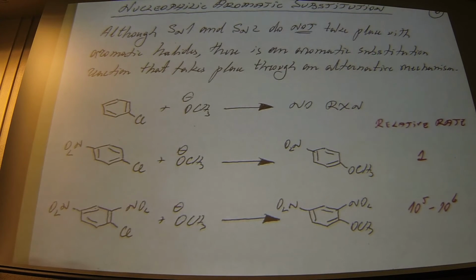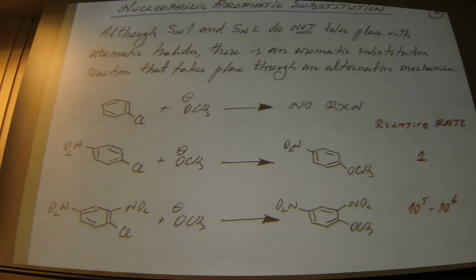Now what do we know about the nitro group? We know that it is destabilizing for electrophilic aromatic substitution. So I put a nitro group on a benzene ring, and I do an electrophilic aromatic substitution, the rate goes way down. Why? Well, because the nitro group is pulling electron density out of the ring.